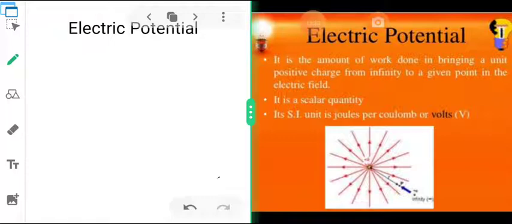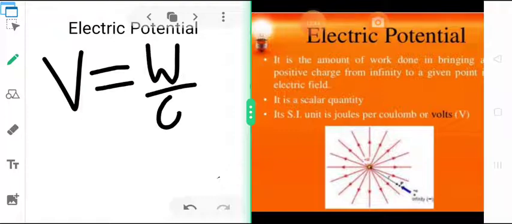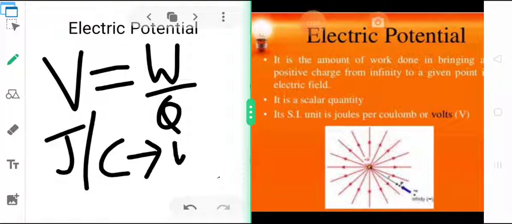So mathematically, electric potential is denoted by V, and it is given by work done by charge, W by Q. It is a scalar quantity. The SI unit of work done is joule, and for charge the SI unit is coulomb. So joule per coulomb is called volt.